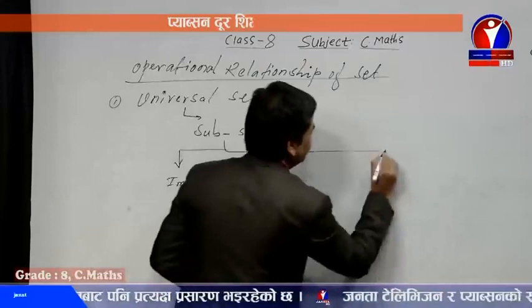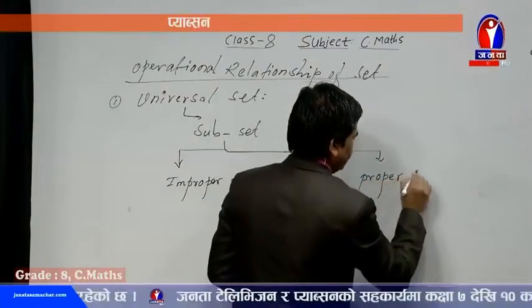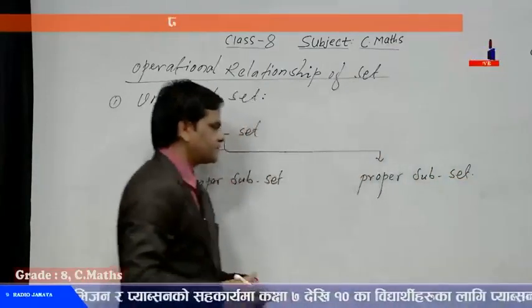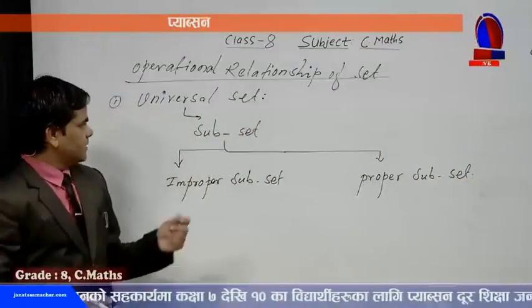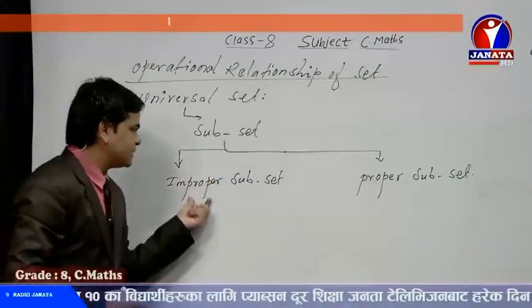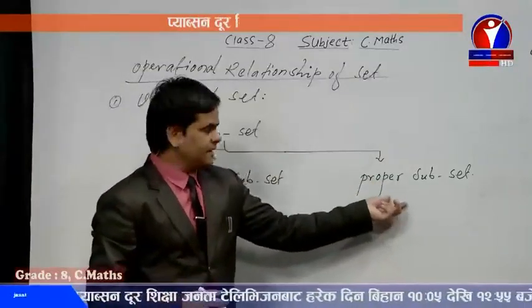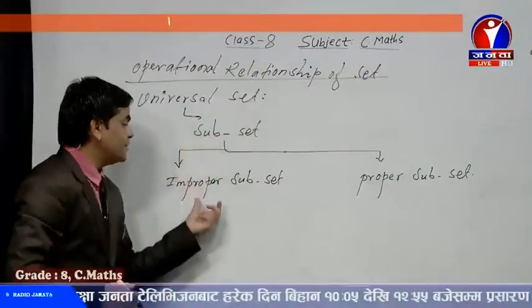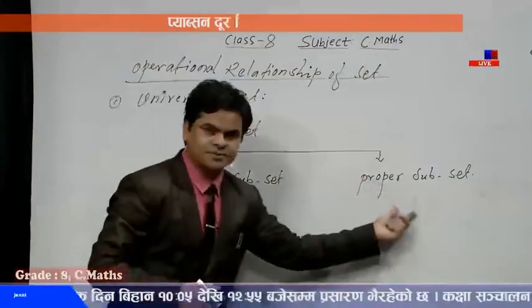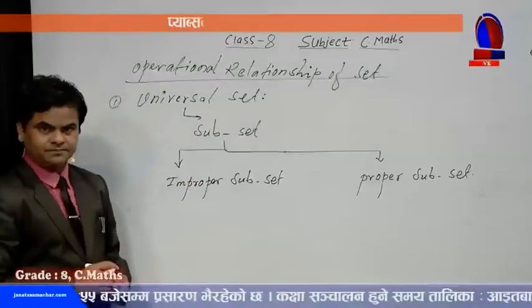And the second one is, dear students, proper subset. Subset has two branches. The first one is improper subset and the second one is proper subset. So in order to understand what we mean by improper subset and proper subset, I want to take an example.